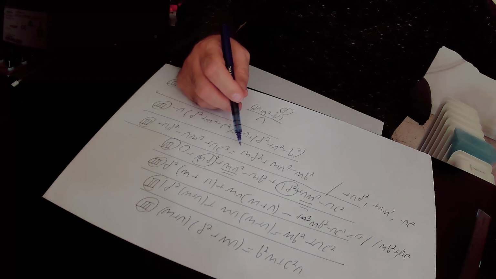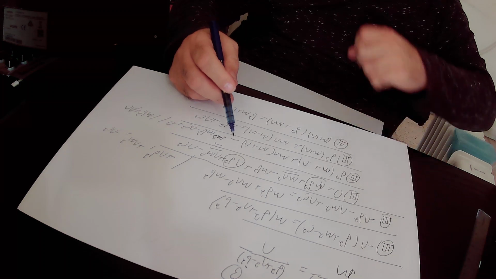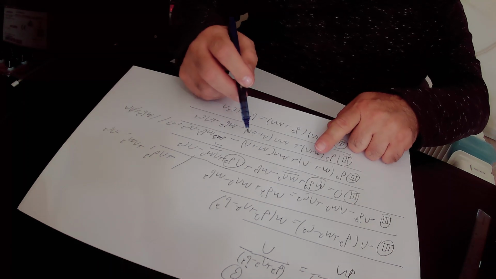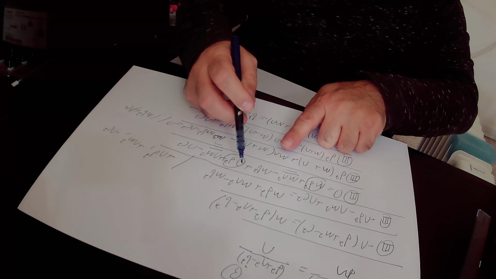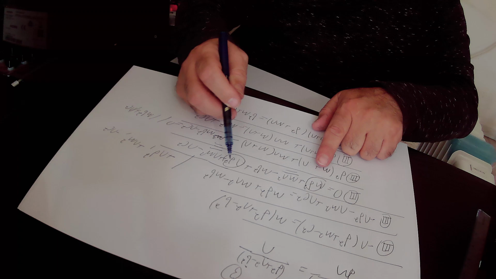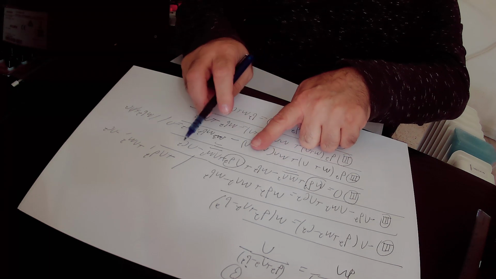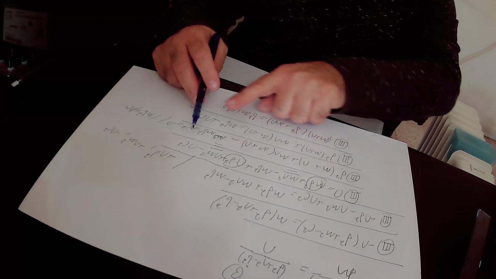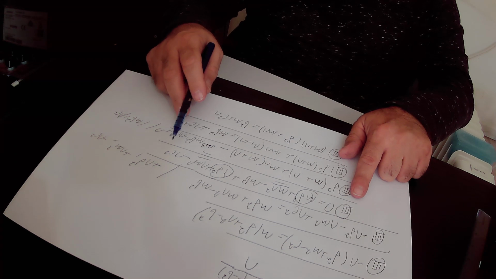On the other side we have md squared plus nd squared, plus mn squared plus nm squared, minus mb squared, minus nc squared. So we added nd squared to this equation, then we added nm squared, then we subtracted nc squared. So this is equation number 3 after we did the operation.